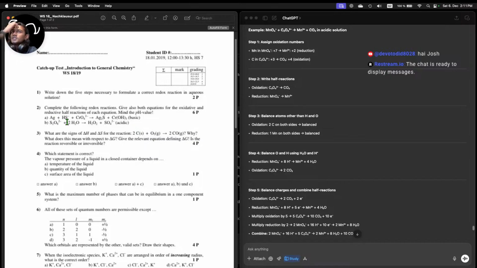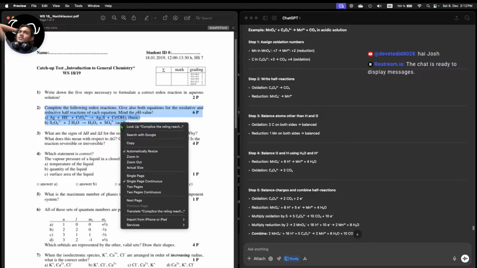Ag plus HS minus plus CrO4, so Ag. Now this is what I hate. I don't know the oxidation state of sulfur. And only after that could you write the answer, right?